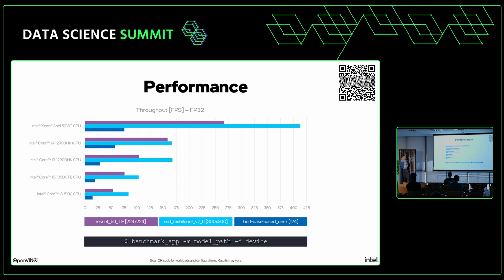And even in the most difficult, heavy task here, BERT base case, you have 15 inferences per second. I think it's completely enough in most cases, right? And if you would like to learn more about different devices, about different models, please just scan this QR code. There is a full page about different benchmarks. If you would like to benchmark your model when you convert it to OpenVINO, you can just run the benchmark app command line tool and provide parameters like, of course, the path to your model and the desired device.